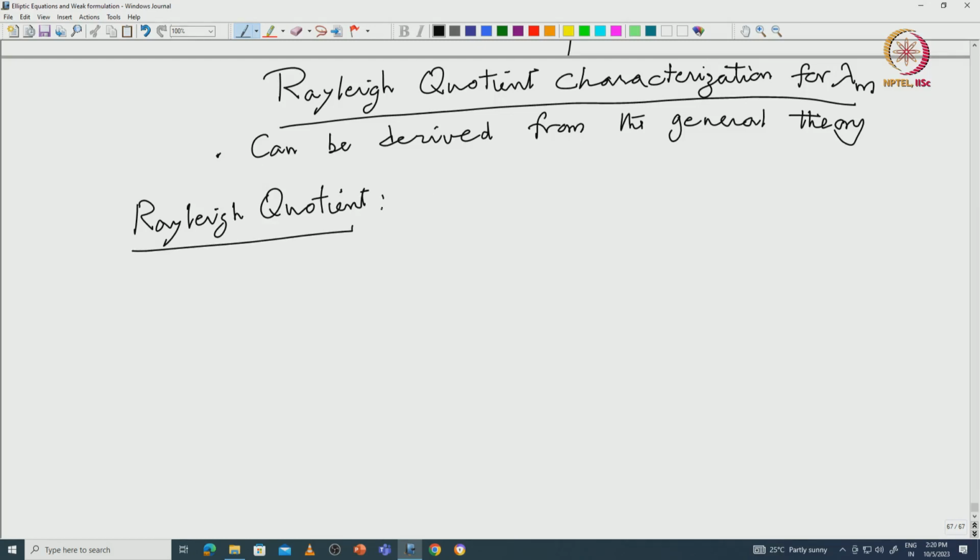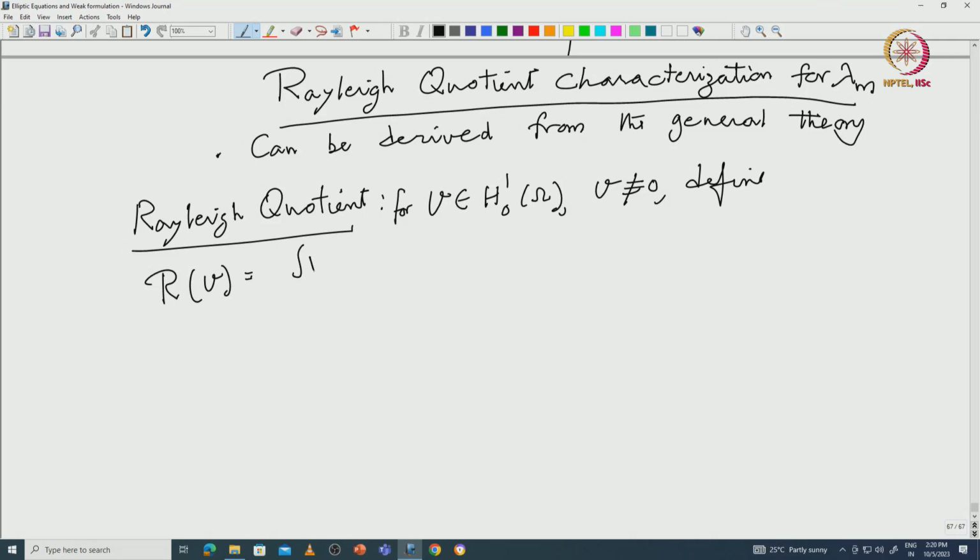For V in H1 naught of omega, V not equal to 0, define R of V equal to this one, the integral of gradient V dot gradient V by the integral of V square.